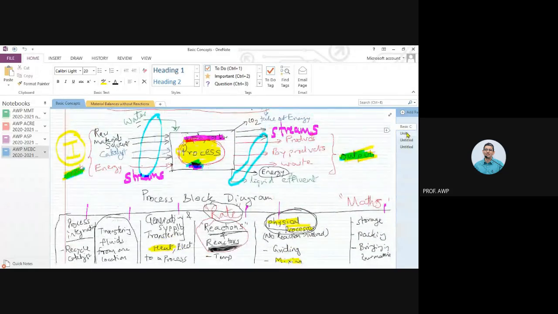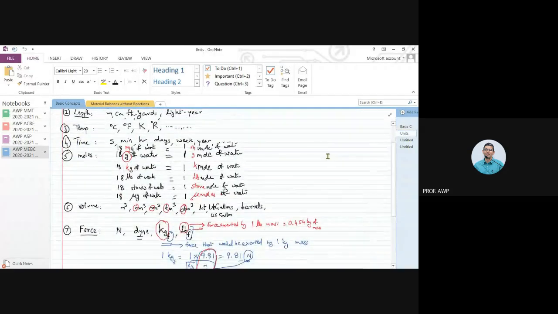Then we started talking about units. And then we have been talking about how to convert one set of units into another set of units.